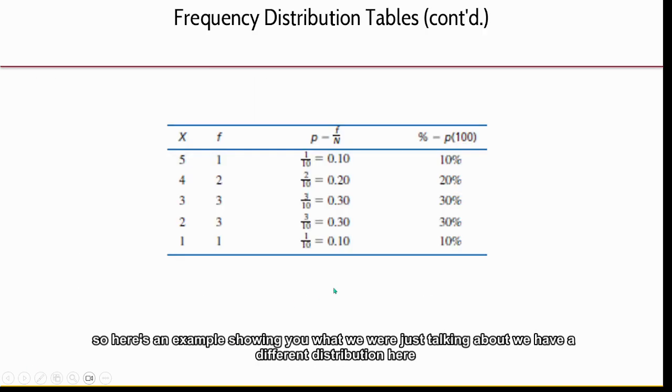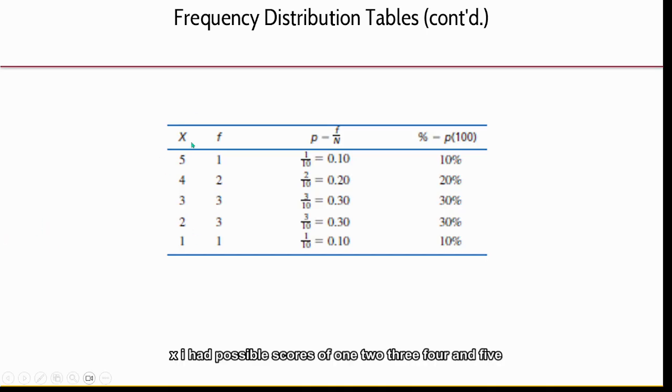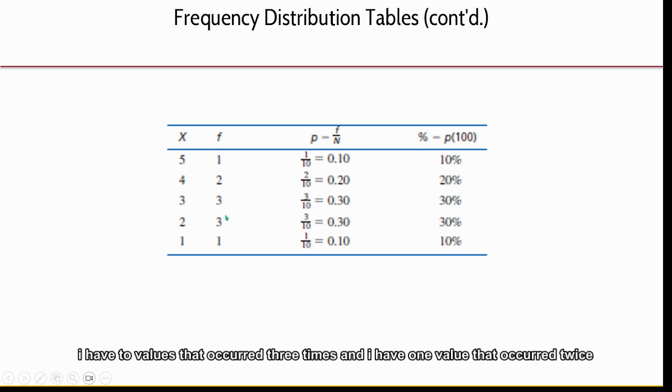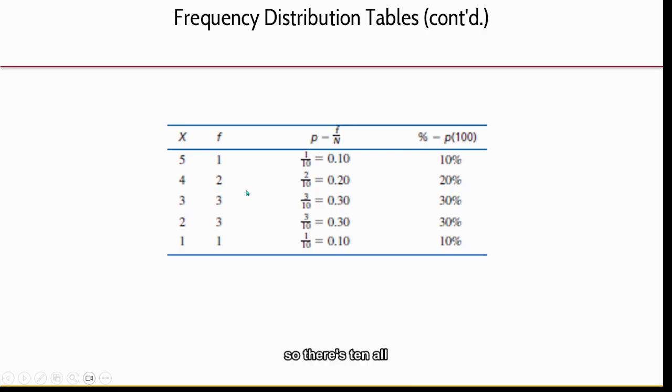Here's an example showing you what we were just talking about. We have a different distribution here. For X, I had possible scores of 1, 2, 3, 4, and 5. And for my frequencies, I have 2 values that occurred once, 2 values that occurred 3 times, and 1 value that occurred twice. So there's 10 altogether.